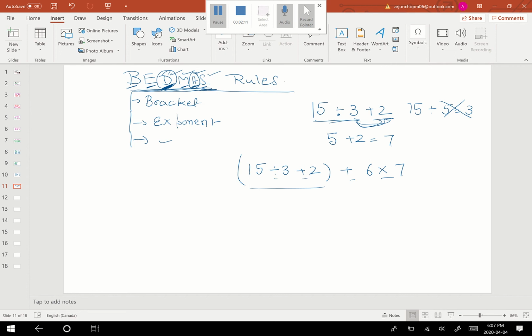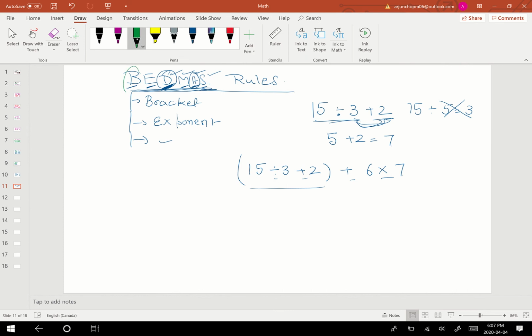First I will solve for the bracket, whatever is inside it. Within the bracket there is a division operation and an addition operation. The division comes ahead of addition, so I'll divide first. 15 divided by 3 gives me 5, and plus 2 gives me 7.